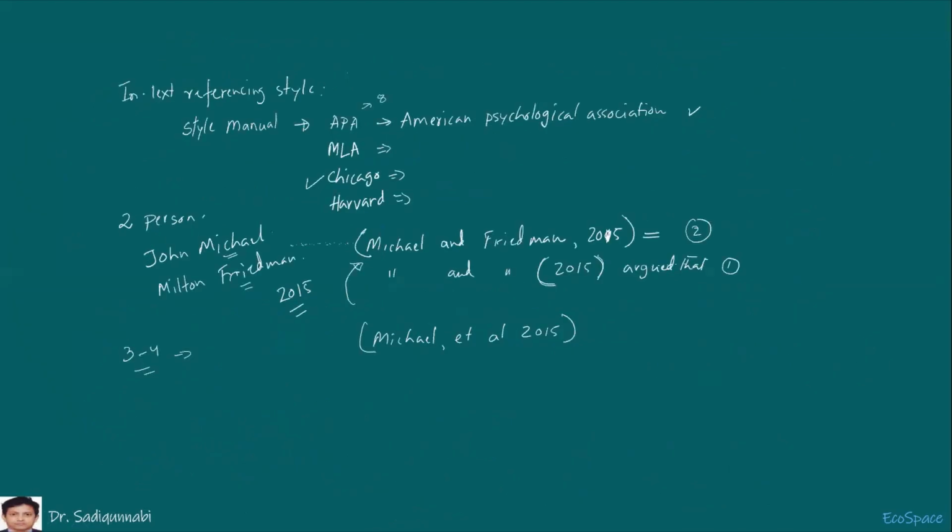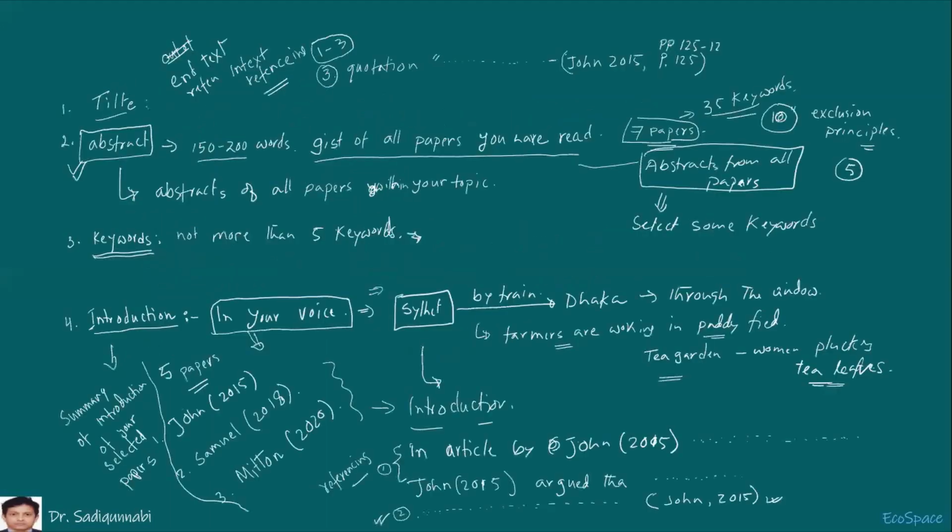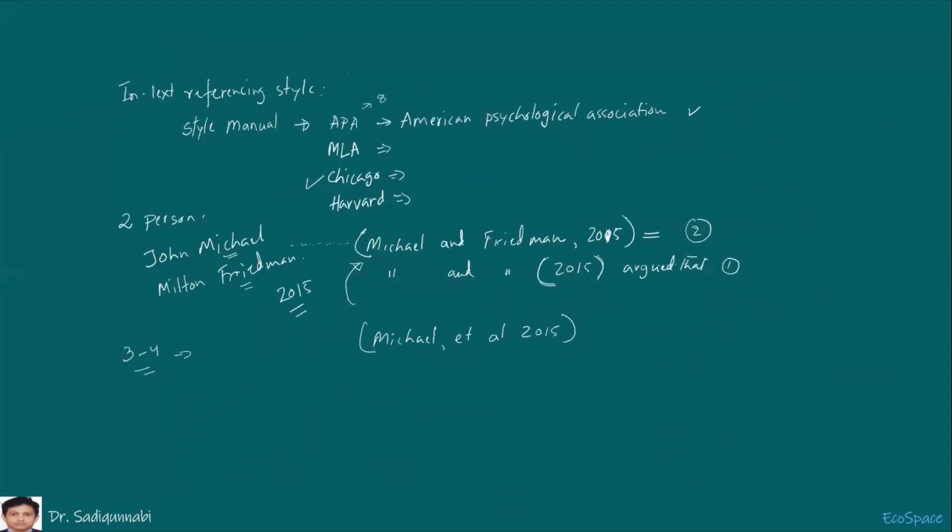Okay. Now we have taken title, abstract, keywords, introduction, and then we are going to see objective. There also it should be in your narration. The fourth one is objective.